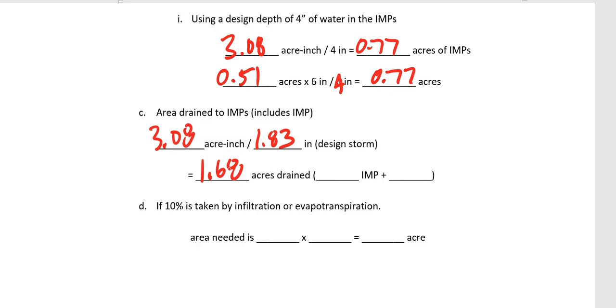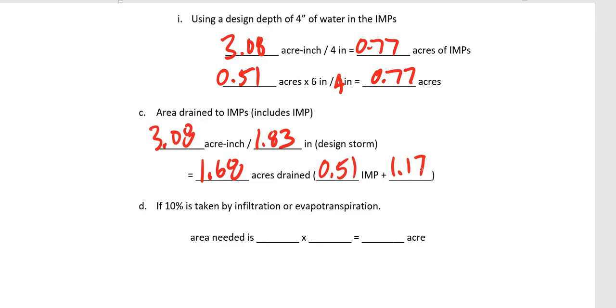Or another way to look at that is I can take the rain that lands on the rain garden, so 0.51 acres of my rain garden, and if I need 1.68, I can have 1.17 acres in addition. Do you follow that?